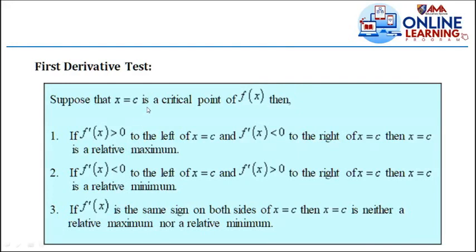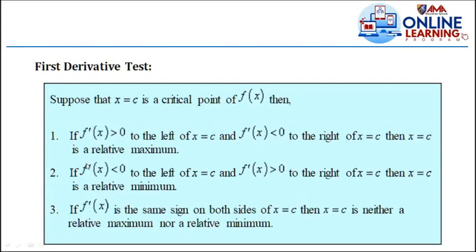Suppose that x is equal to c is a critical point of f of x. Then if the first derivative f prime of x is greater than 0 to the left of x equals c, and the first derivative of x is less than 0 to the right of x equals c, then x equals c is a relative maximum.